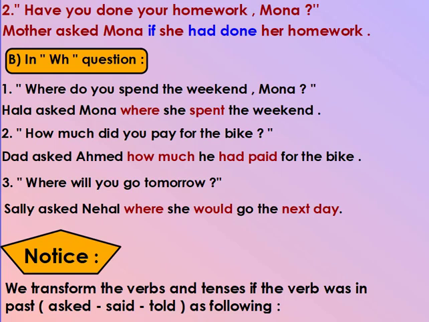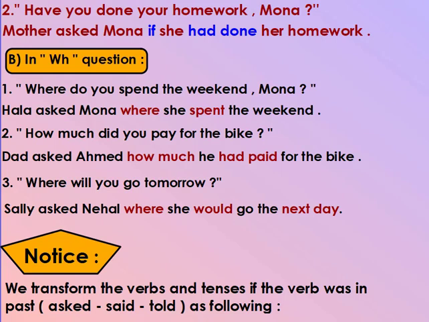Number 2, "How much did you pay for the bike?" Dad asked Ahmed how much he had paid for the bike. We also can say, Dad asked Ahmed how much he paid for the bike. Number 3, "Where will you go tomorrow?"